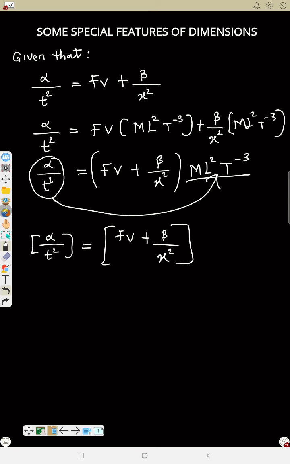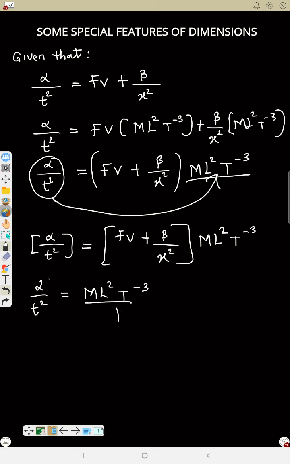So like that. And what is the dimension of fv plus beta over s square? The dimension is ml square t raised to power minus 3, which is this. So alpha over t square should be equal to ml square t raised to power minus 3 over 1.